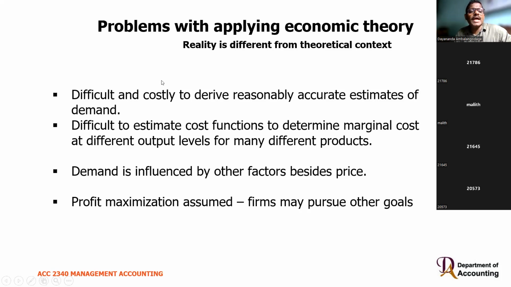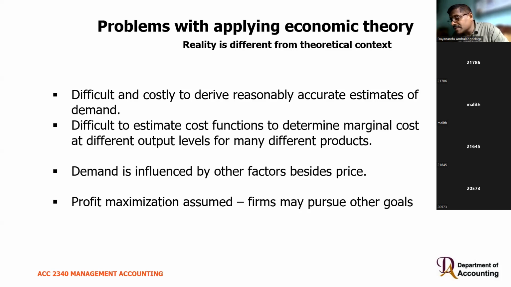So thereby it's the major weakness of the economic theory. In addition to that, it is difficult and costly to derive reasonably accurate estimates of demand. It's very difficult to calculate demand. It's costly. You have to put in much more effort. Second, it is difficult to estimate cost functions to determine marginal cost at different output levels for many different products. Practically, deciding marginal cost at different levels is very difficult.